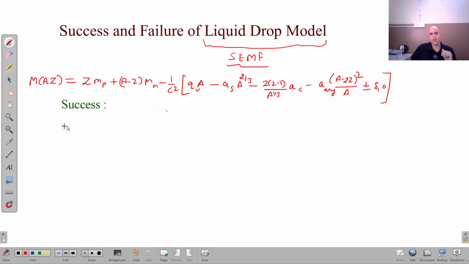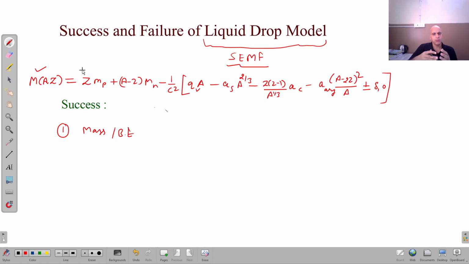semi-empirical mass formula. If I come to the first success, then we know very well that this model and this semi-empirical mass formula was capable of explaining the mass and binding energy of several nuclei, right. You can see we have this formula. Now this formula can be used to calculate the binding energy and mass of a nucleus.